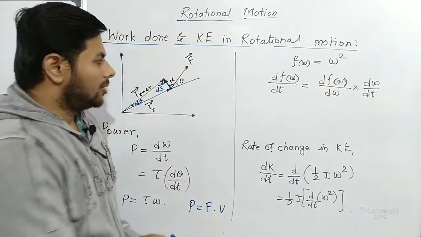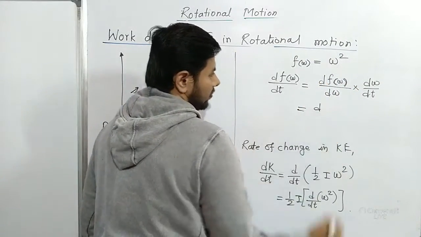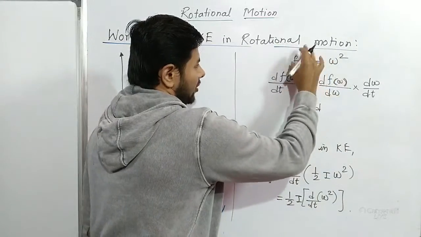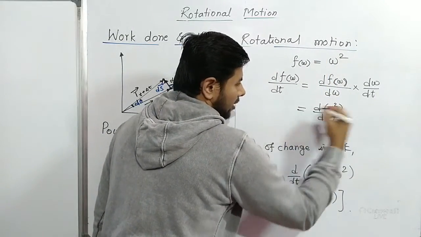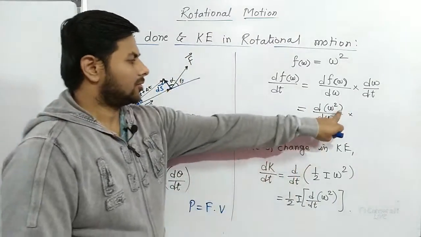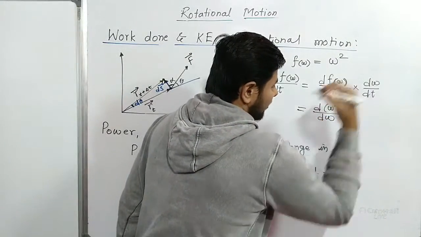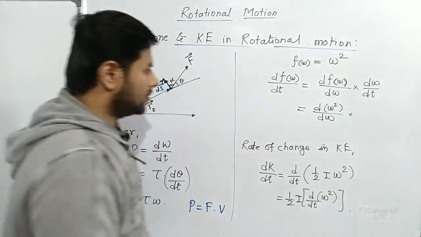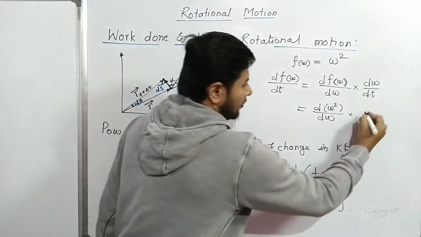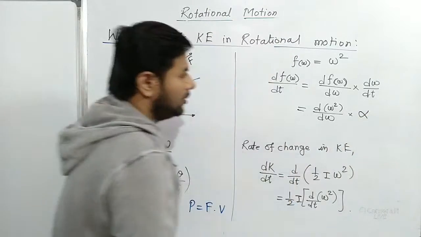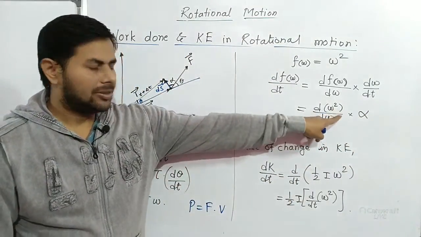So what is df by d omega? It is the derivative of omega squared with respect to omega, multiplied by d omega by dt. Rate of change of angular velocity with respect to time is angular acceleration. And this derivative is simple.